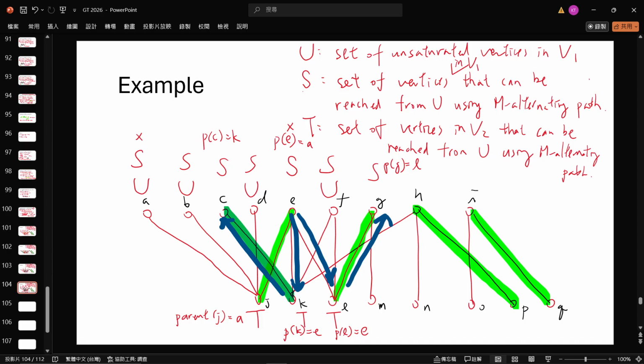Now this finishes the second round. What was the parent of E? The reason we can reach E is, oh, it should be J, right?